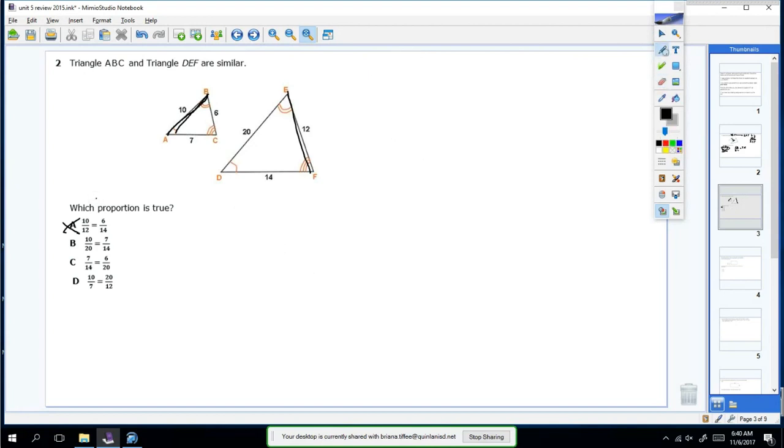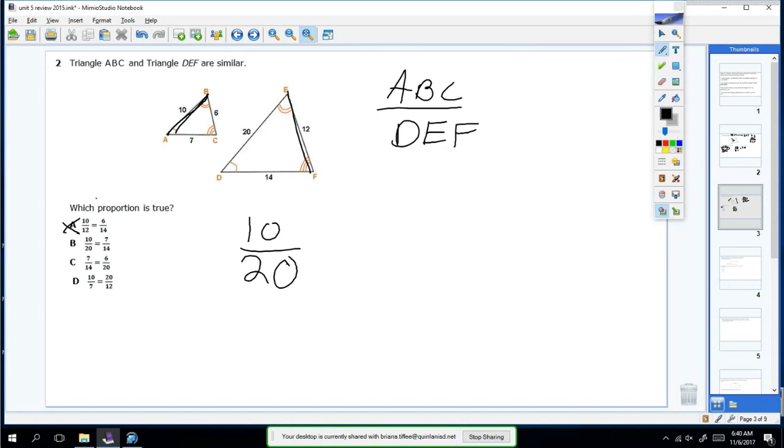Okay, let's try this again. So again, we have ABC to DEF. On this one, they said 10 goes to 20, which is correct, because AB goes to DE. That's correct so far. They say that then equals 7 over 14. 7 over 14 is AC. AC goes to DF, which is right down here.